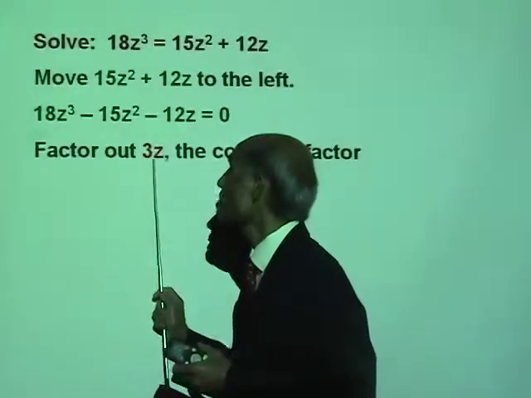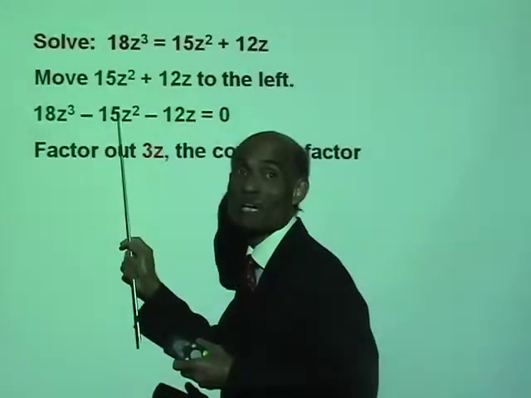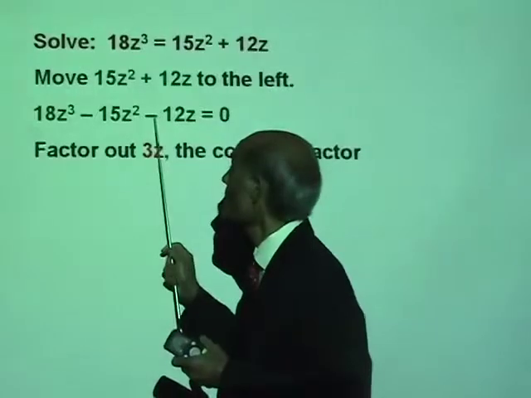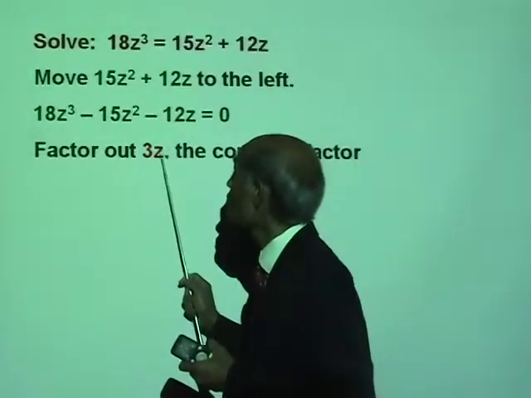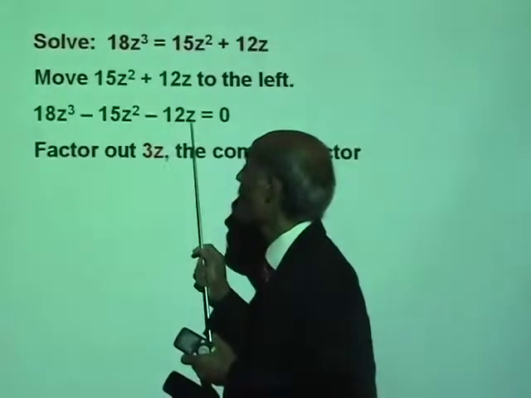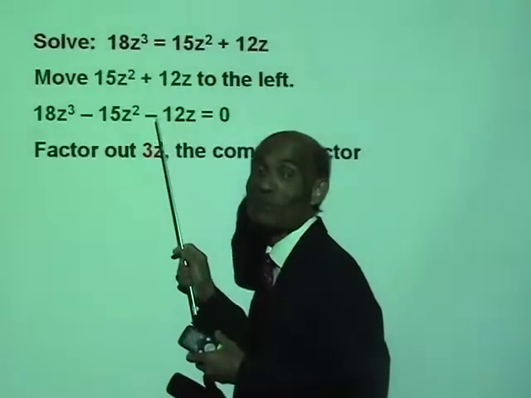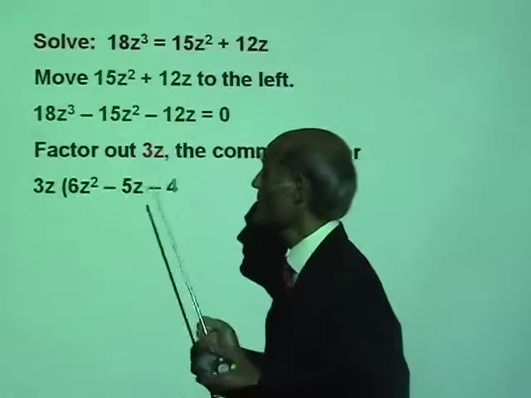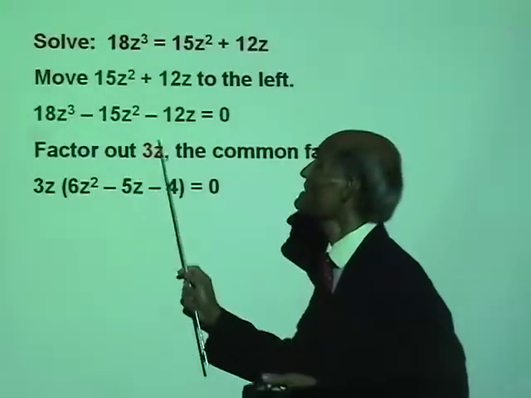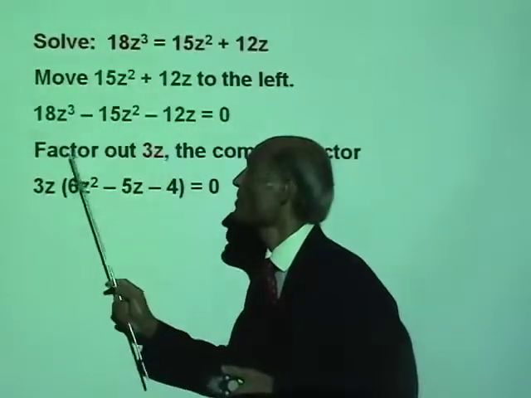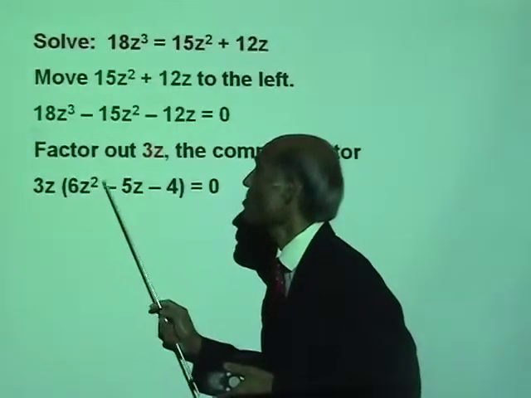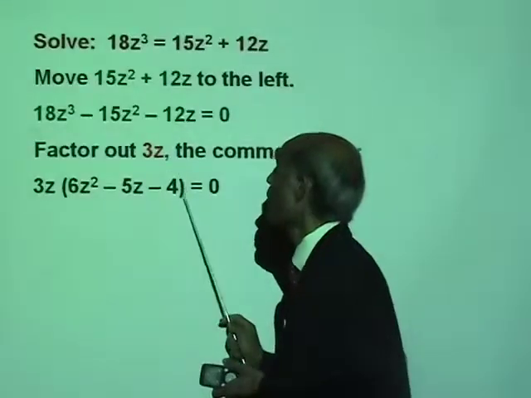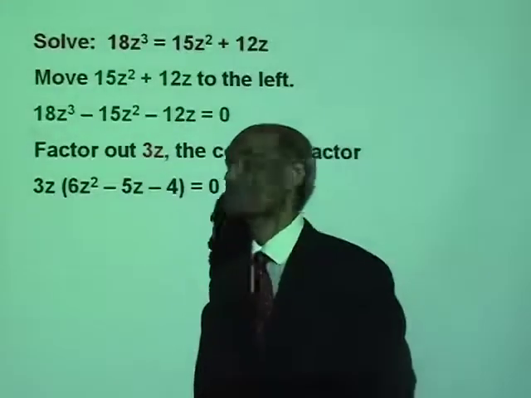After removing 3z, what is left in the second term? Minus 5z. Is that right? Now, after removing 3z from minus 12z, you will be left with a minus 4. Is that right? Yes. So 3z is factored out, leaving 6z squared minus 5z minus 4, and that is equal to 0.